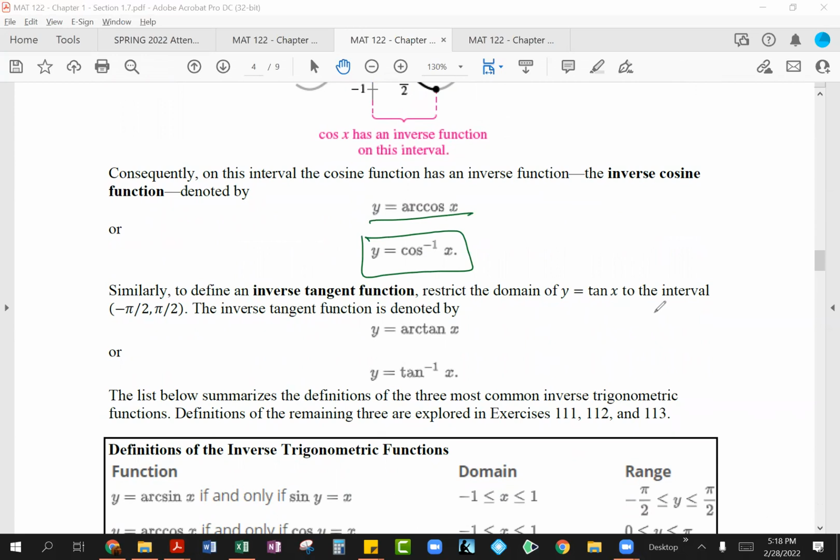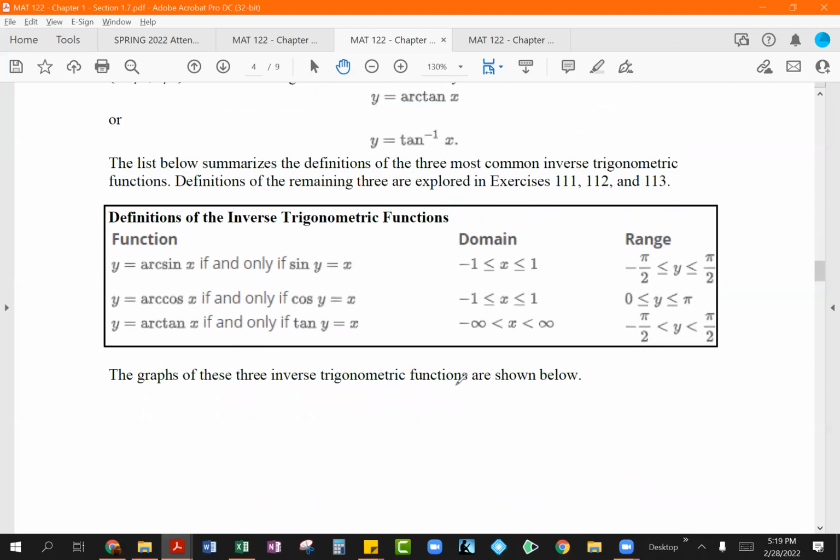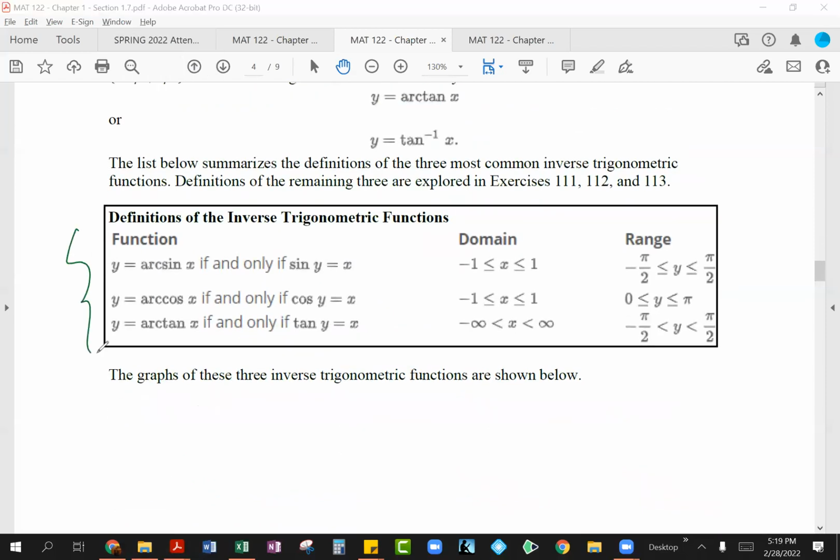As you can imagine for the tangent function, we will again restrict our domain between negative pi halves to positive pi halves, and then your inverse tangent function is going to be arc tangent. You can see that summary of the three inverse functions over here, what their domain and range are going to be.